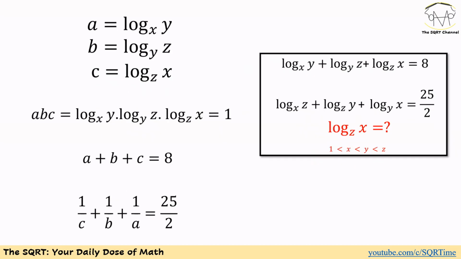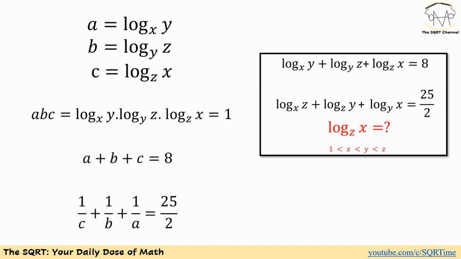Now let's go back and see what we had. With the new notation that we have for a, b, and c, we can say that we have three equations now. We have abc is equal to 1, we have a plus b plus c is equal to 8, and we have 1 over a plus 1 over b plus 1 over c is equal to 25 over 2.